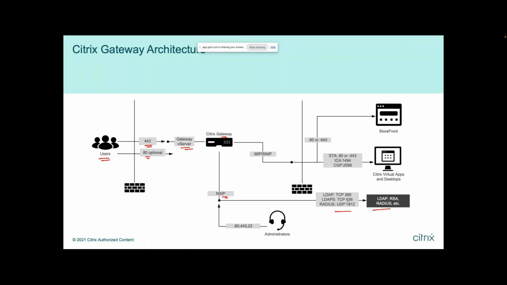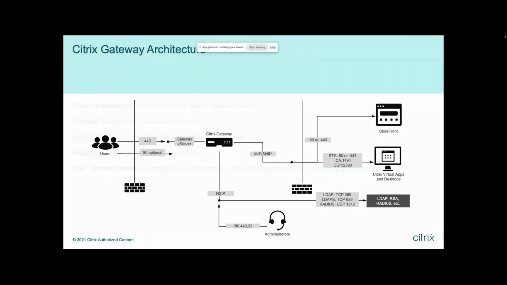The request goes to the SNIP and then to your StoreFront, and also to your Citrix Virtual Apps and Desktops. So there will be ICA and Secure Ticket Authority. Secure Ticket Authority means the delivery controller checks whether the token received by the ADC is correct or not. Only if the token is correct will it give you the resources.